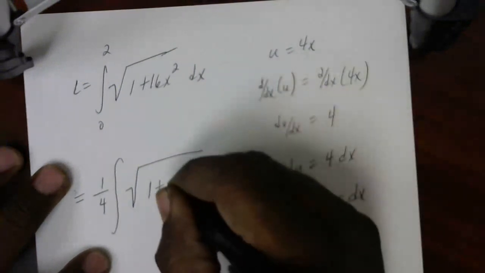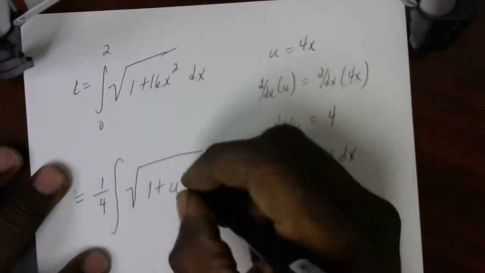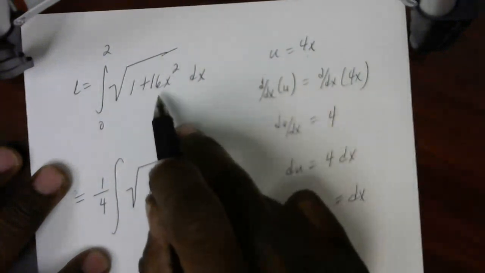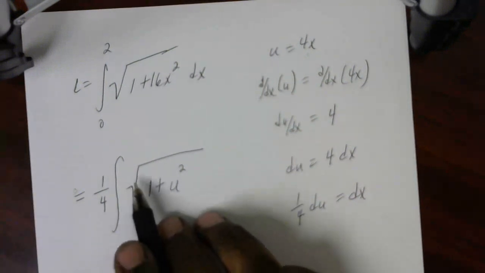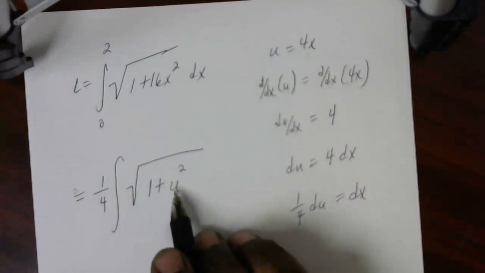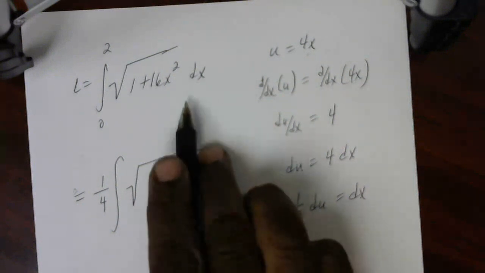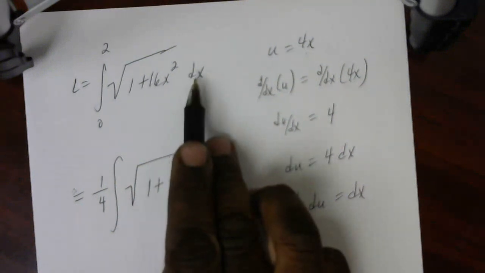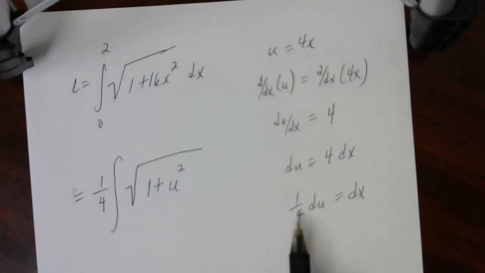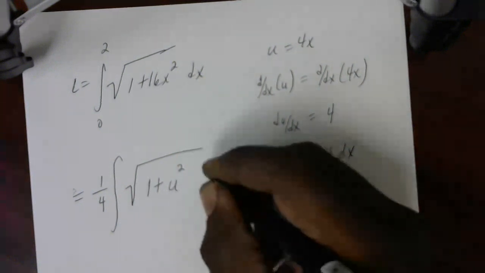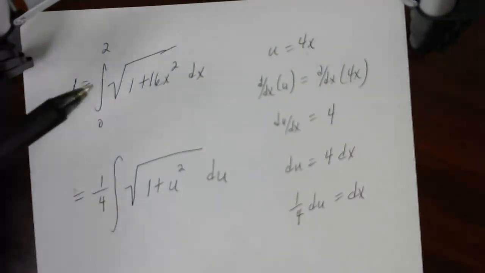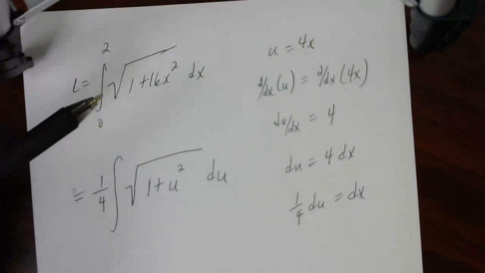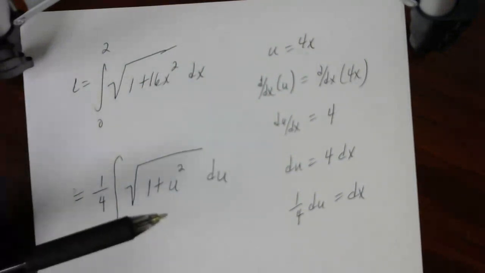Remember, u is 4x. If I square 4x, I have 16x squared. So I have the square root of 1 plus u squared. Remember that we were able to substitute dx as 1/4 du. Right, so we have now transformed the variable from x to u.